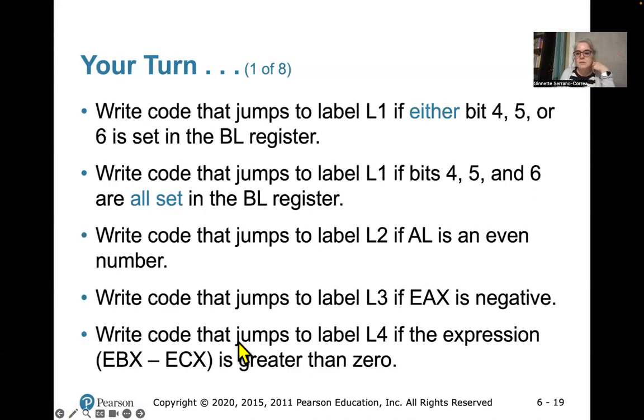All right, so here are some things that I'd like you to do to practice. Pause the video, practice doing these. The first one says, write the code that jumps to label 1 if either bit 4, 5, or 6 is set in the BL register.